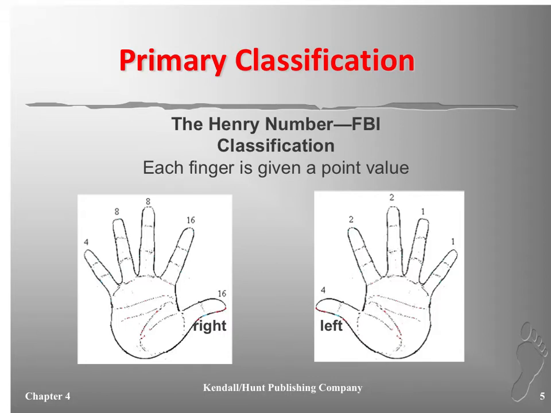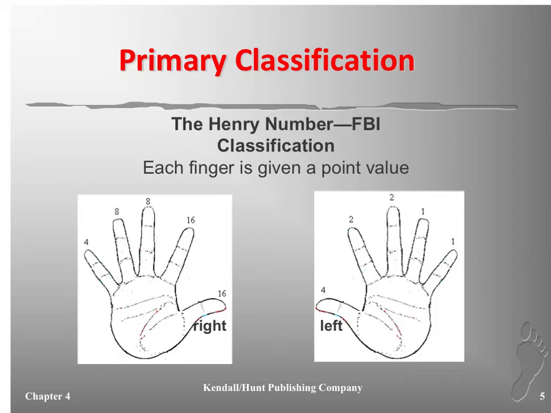So the FBI asked, is there any way that we can assign a value, a number, to each type, each finger? If you have a whorl, which is pretty unique, you gain a value from that. Each finger is given a different value, and then we are going to calculate what your actual Henry number is.